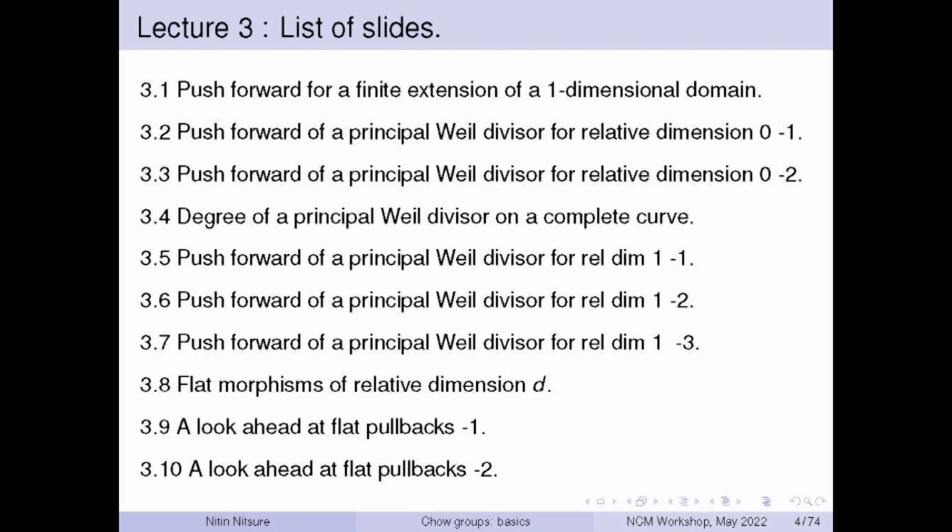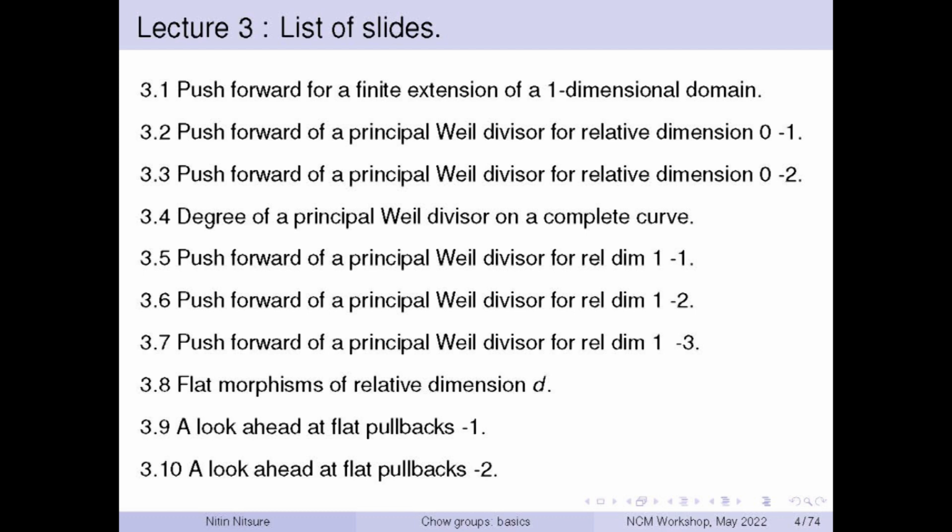So that's why these cases: push forward where relative dimension is 0, second page of that. Then when the relative dimension is 1, it's as if it's like a curve. A curve is one-dimensional over your base field. When you have a morphism of relative dimension 1 of varieties, if I go to the generic point there, its inverse image is a curve.